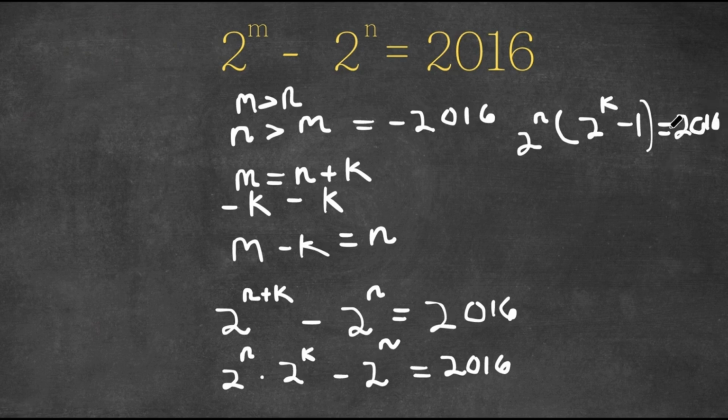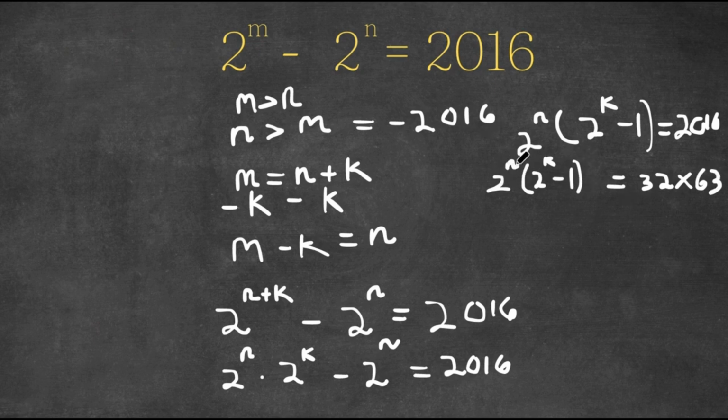So now 2016, well, this is actually equal to 32 times 63. So now we have 2 to the power of n times 2 to the power of k minus 1 is equal to 32 times 63.